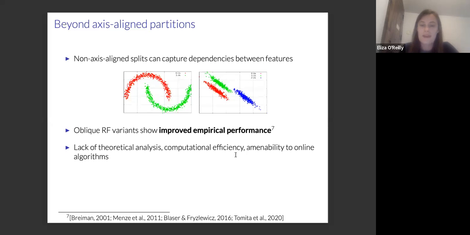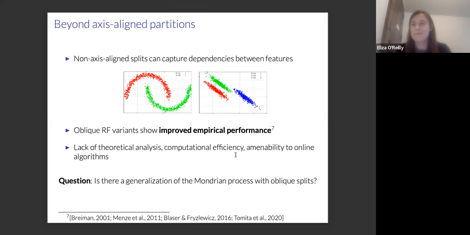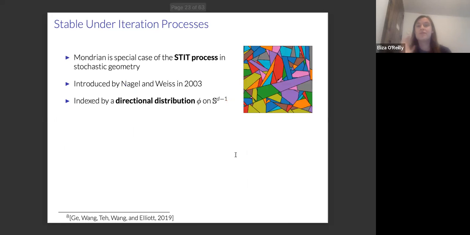And so a natural question is, since there are all these nice properties about the Mondrian process, is there specifically a generalization of this partitioning scheme with oblique splits? And the answer is yes, in this very exciting way, because the Mondrian process is actually a very special case of something called the stable under iteration process in stochastic geometry.